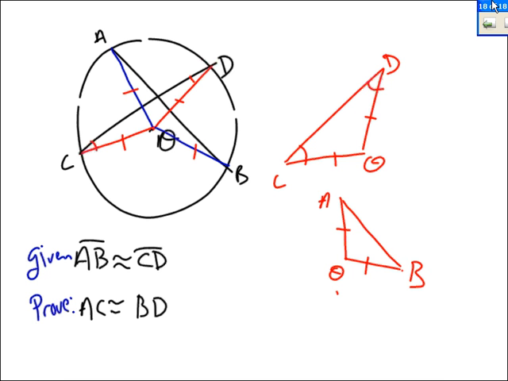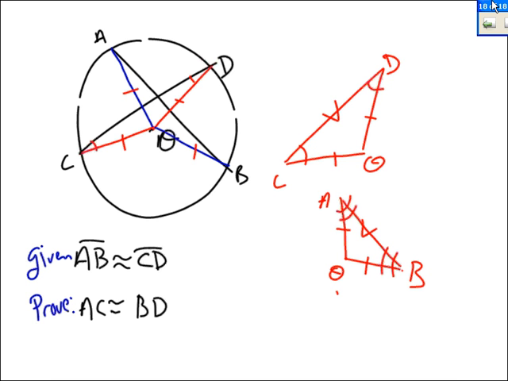And we know that angle A and angle B equal one another. But we don't know that they equal C and D yet. And we're also given that those. Okay.